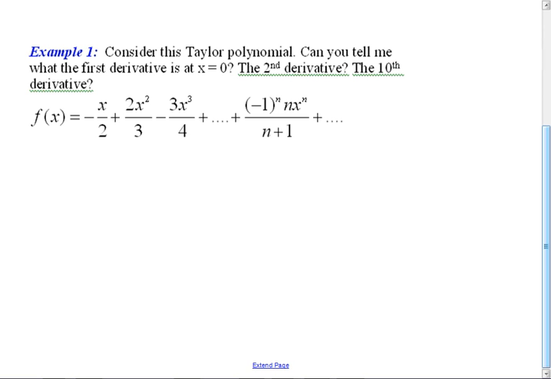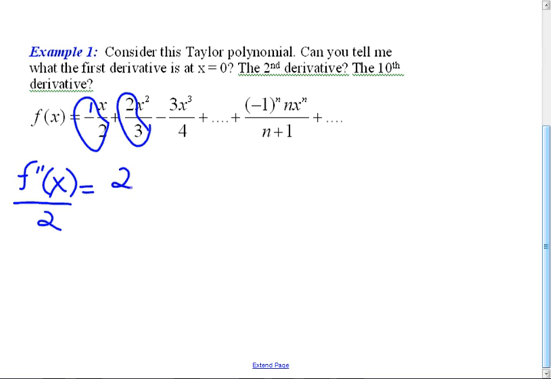Why? Okay. What's the first derivative of this function? Because it's the coefficient of this. What's f double prime of x? Well, f double prime of x over 2 equals that coefficient, which is 2/3. So what's f double prime of x? 4/3.